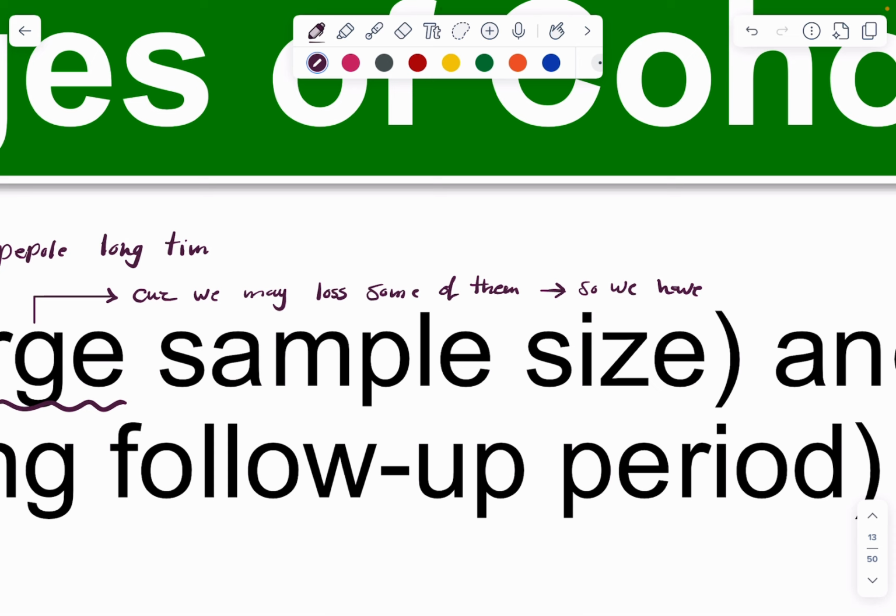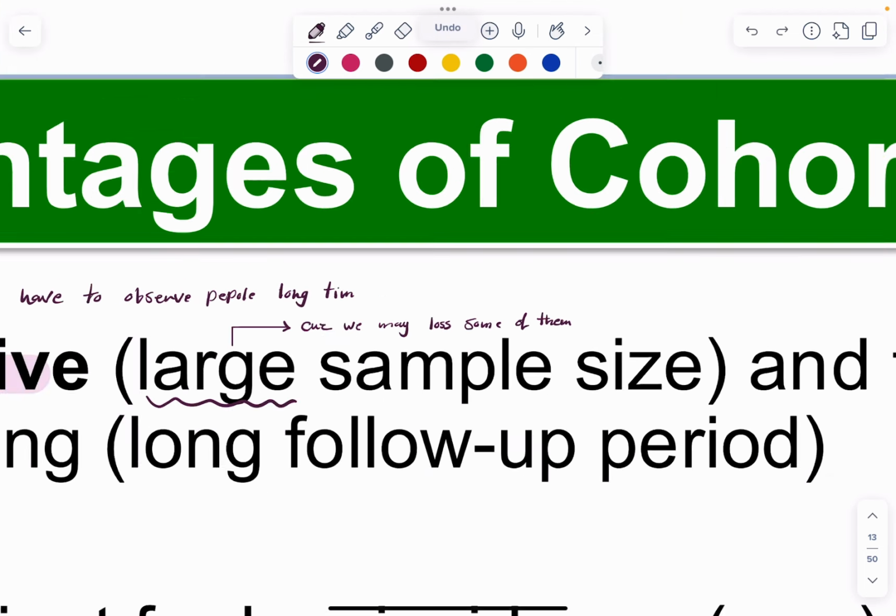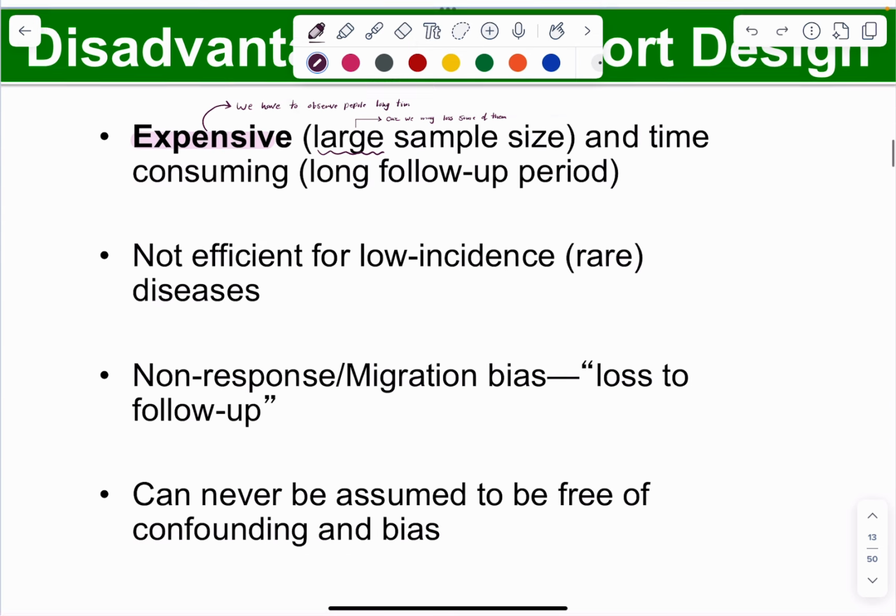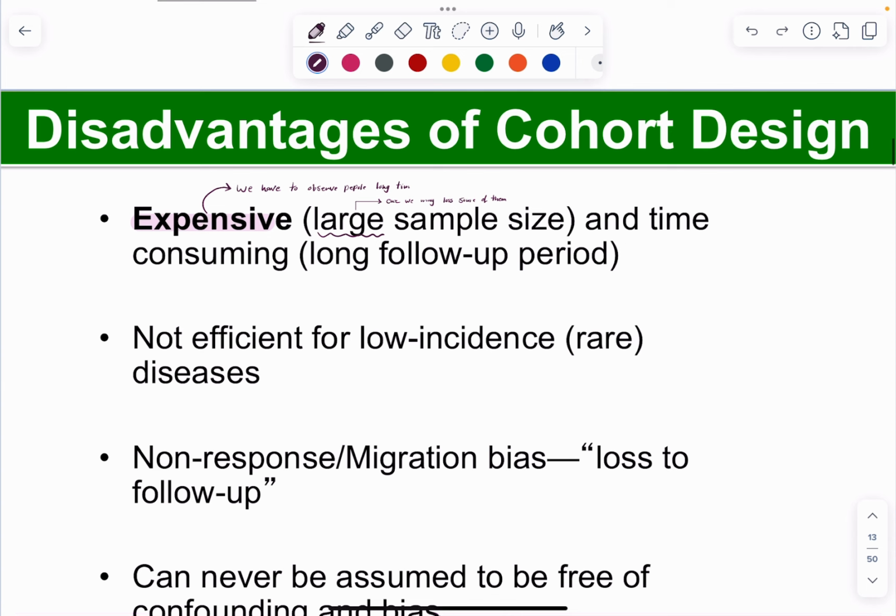Why? For example, if you want to study a very rare disease like CJ disease, Creutzfeldt-Jakob, which is very rare, and you want to see whether a certain exposed group will develop that rare disease or not, the chances are very low. Because like I told you, every exposure has multiple outcomes.